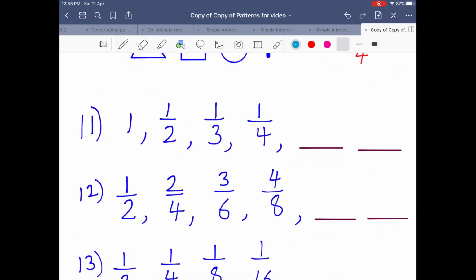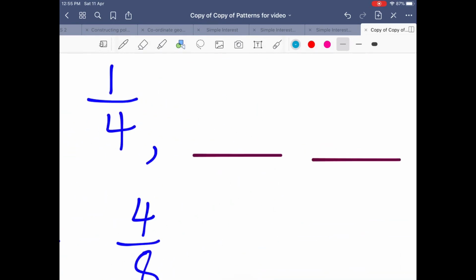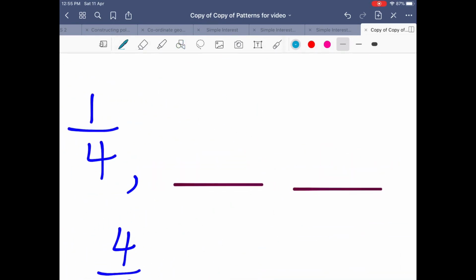Next we have fractions. So we are seeing that the denominator is simply increasing by 1. The numerator of 1 is remaining the same. So the answer will be 1/5 followed by 1/6.